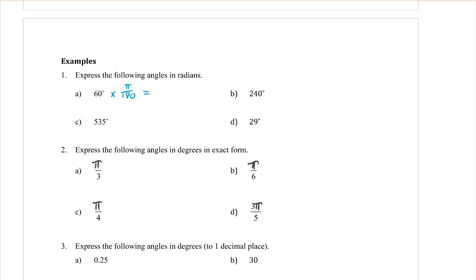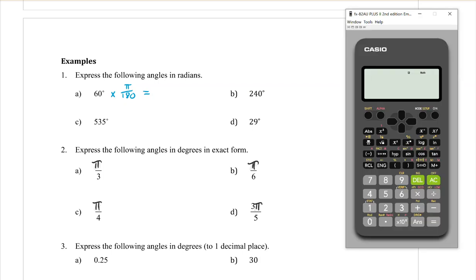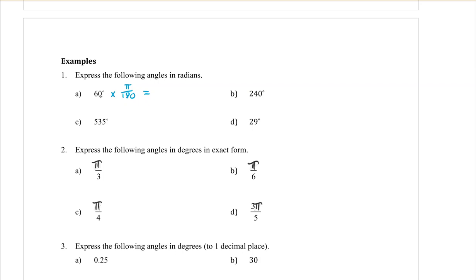Now we want to leave these in exact form. We don't want to go to a decimal unless it tells me to. So what I want to do is simplify the 60 and the 180. So you could go 60 over 1, which means I can divide by 60 to get 1 here, and divide that by 60 to get a 3.